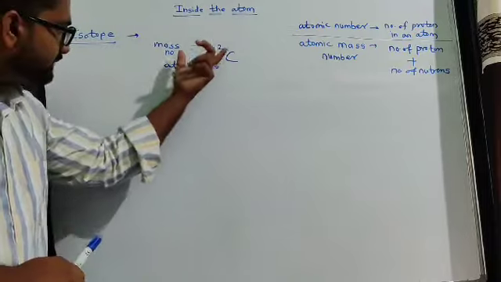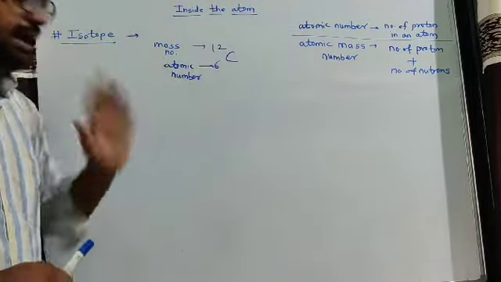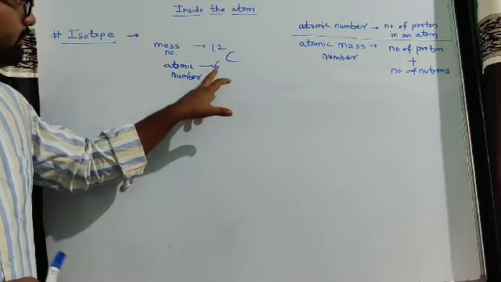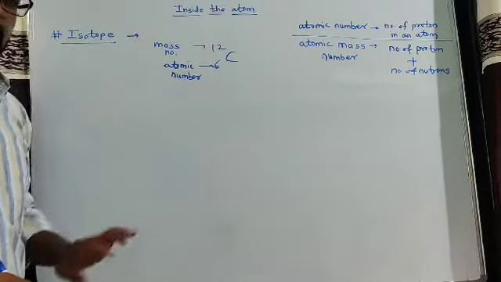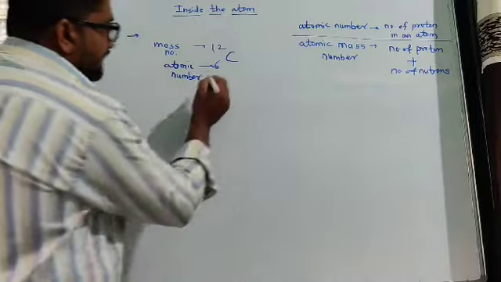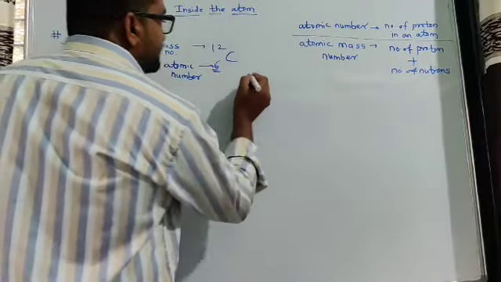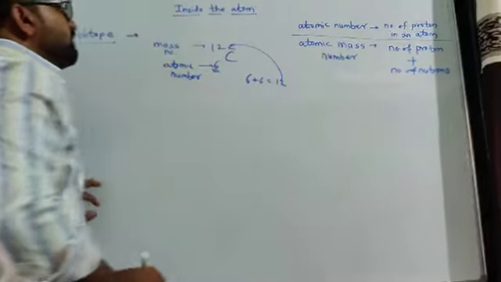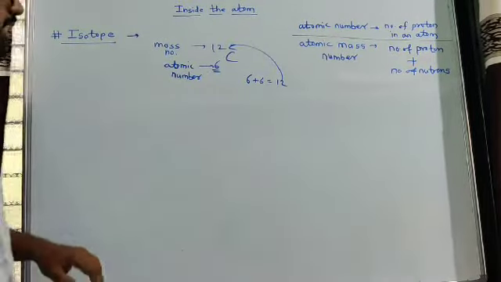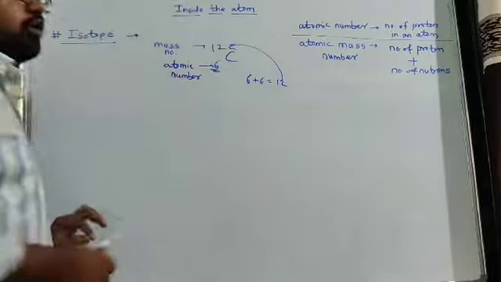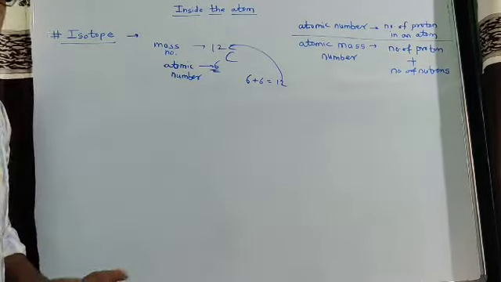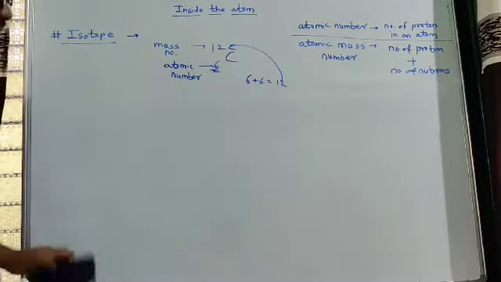We know the atomic number of carbon is 6 and the mass number is 12, which means it has 6 protons and 6 neutrons. 6 plus 6, 12. So this is the mass number of carbon, and 6 is only the proton number, which is the atomic number of the element.